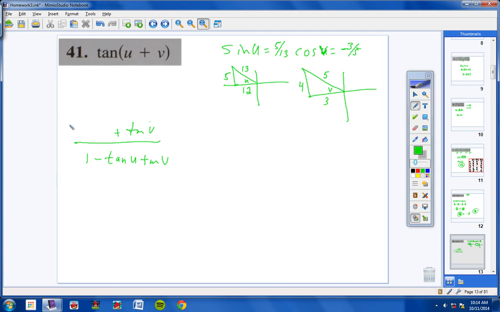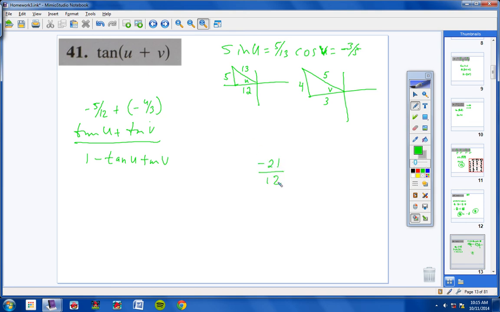Okay, tangent of u. We're in the second quadrant, so tangent of u would be opposite over adjacent. It'd be negative 5 twelfths plus negative 4 thirds, which would give you a negative 21 over 12.